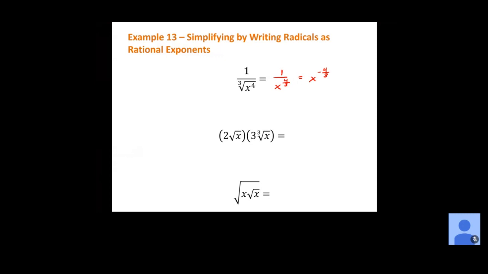All right, so let's take a look at the second one. So we've got 2 square root of x times 3 times the cube root of x. It's the same thing. We want to rewrite these as rational exponents first, and then we'll see what we can simplify from there. Okay, so what's one thing we could do here?